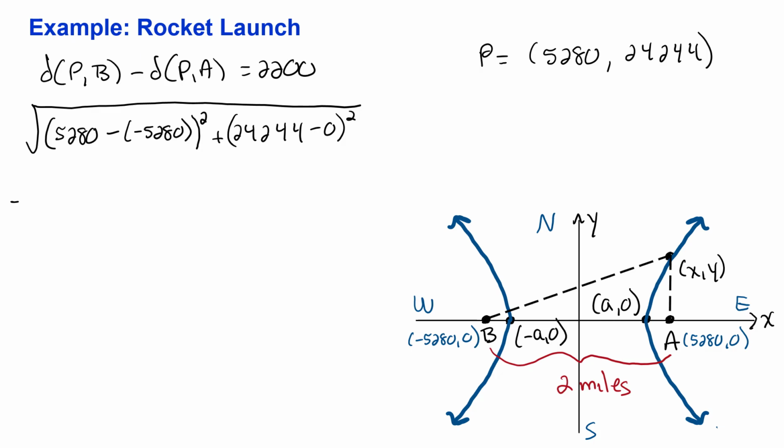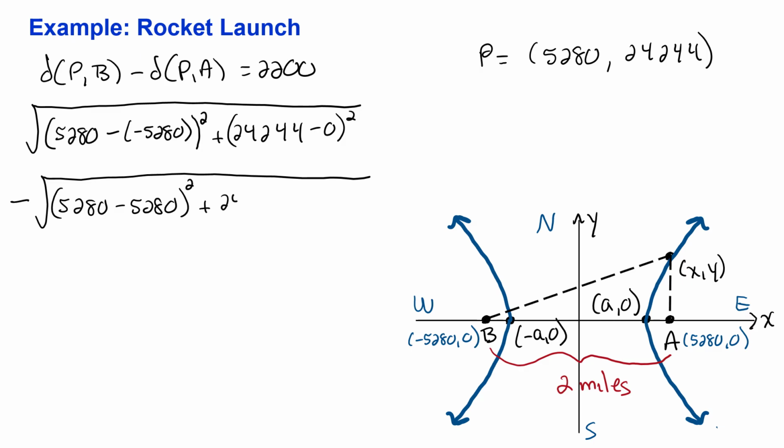Now we need to subtract from that the distance from P to A. Again, using the distance formula, this is the square root of the quantity. The difference of the x-coordinates will be 5,280 minus 5,280, all squared. And then we add to that the difference in the y-coordinates, which would be 24,244 minus 0, all squared.